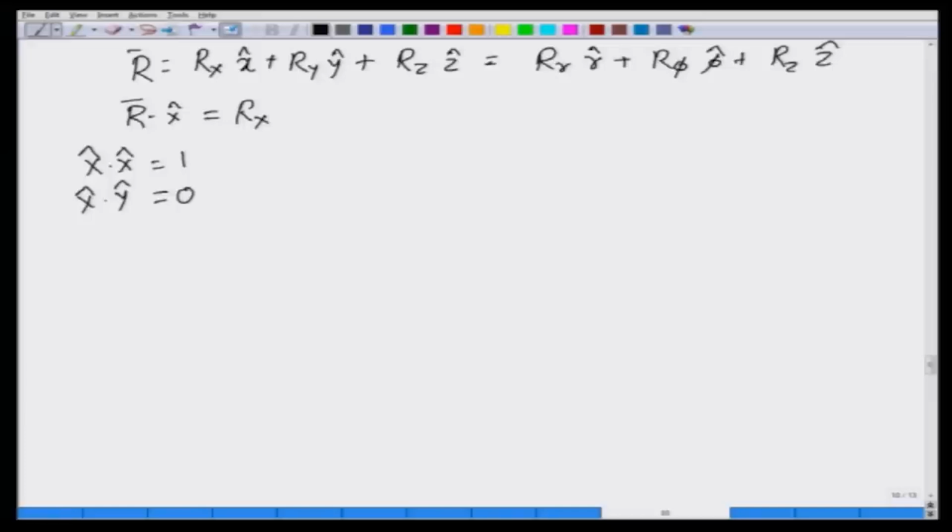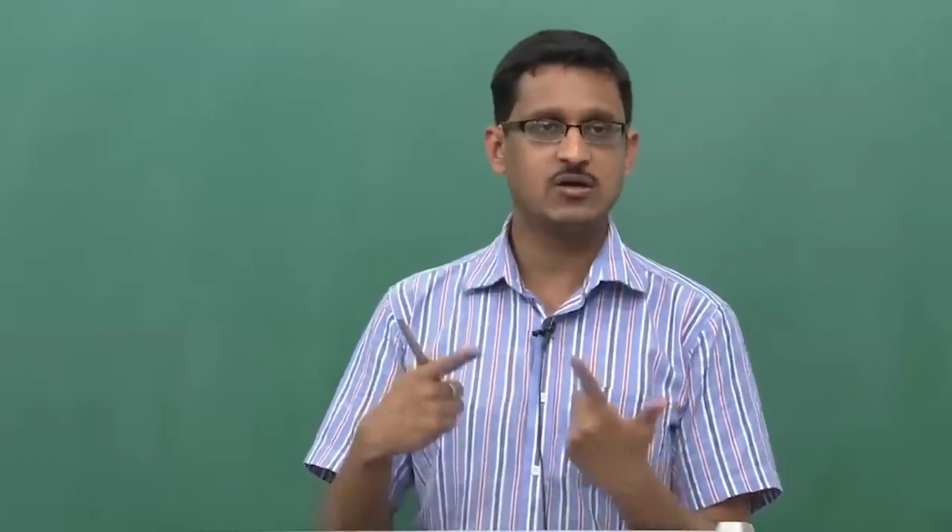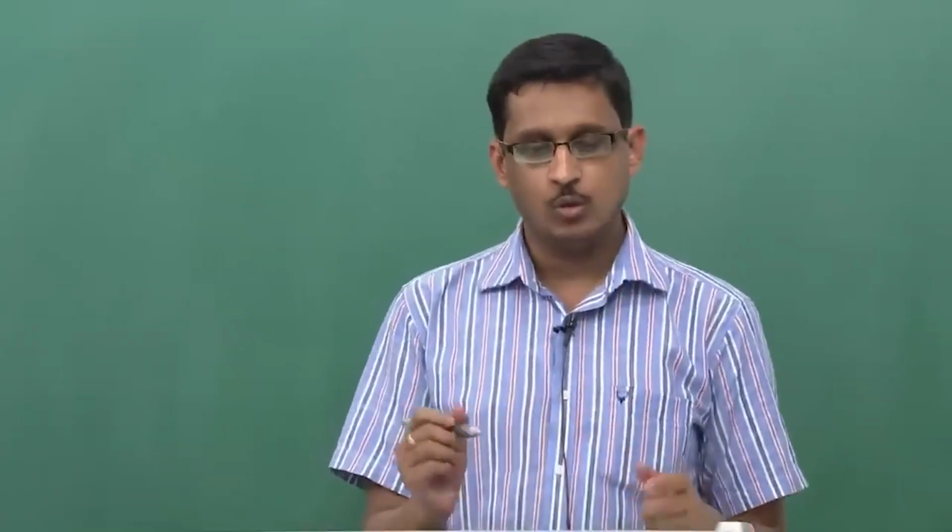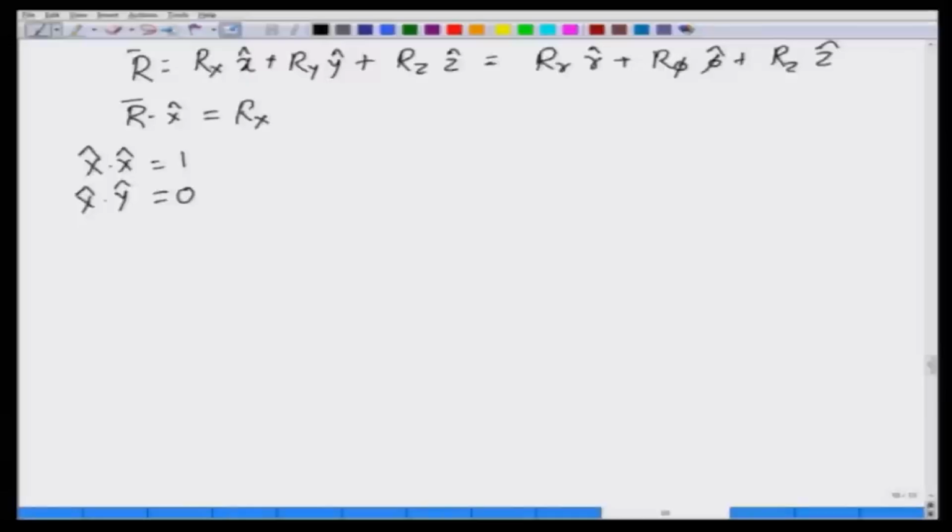So, this is another definition of perpendicularity or normality or orthogonality. Two vectors are said to be perpendicular, normal or orthogonal to each other when the dot product between the two vanishes. Similarly, x hat dot z hat will also be equal to 0.